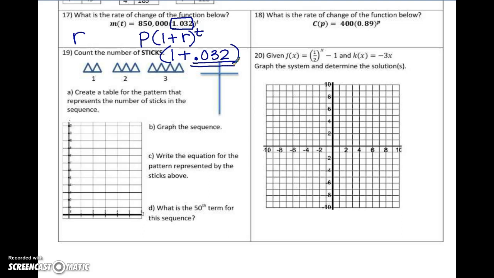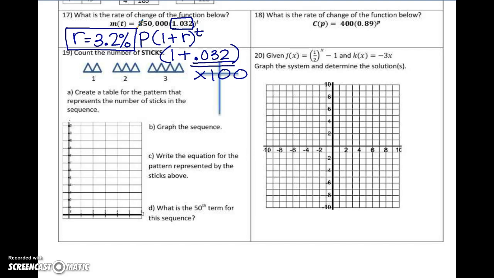So to change our decimal back into a percent, we multiply our number by 100. And if you do that, we get 3.2%. So it's an increase of 3.2% for the rate.